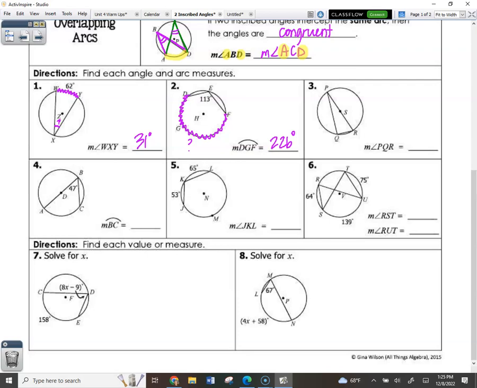All right, number 3. It says, find the measure of angle PQR. Your first instinct is probably to say, how am I supposed to do this when there's not a single number on the picture? Remember I said look for diameters, because a diameter is secretly telling you there's two 180s there.